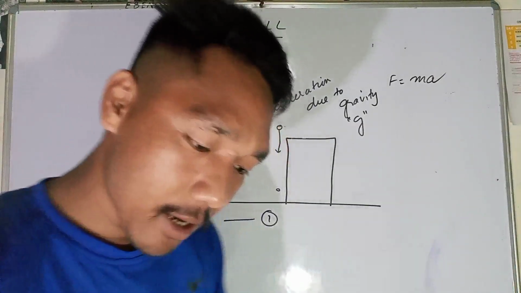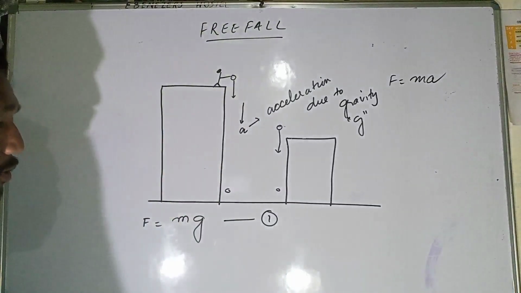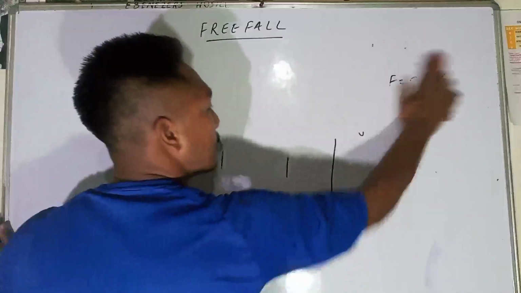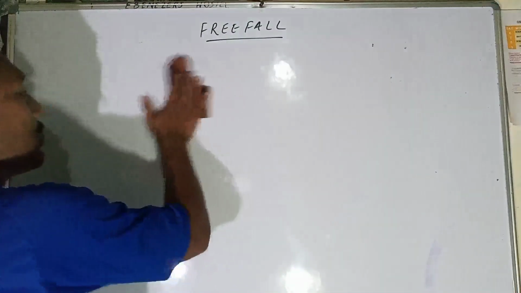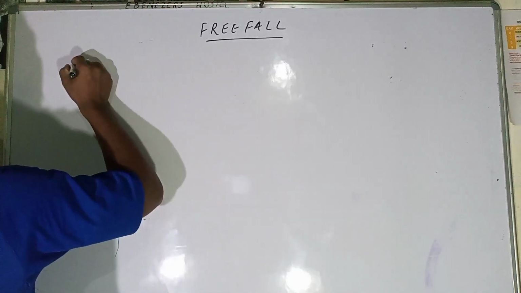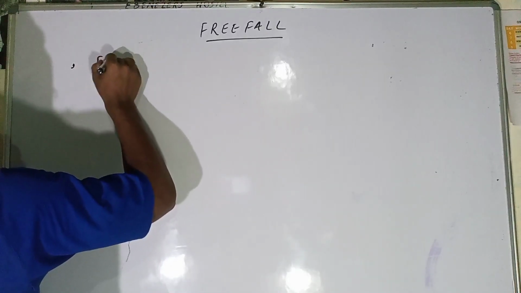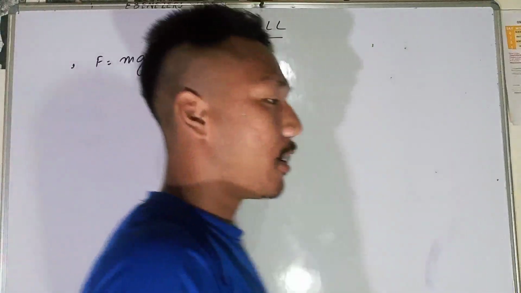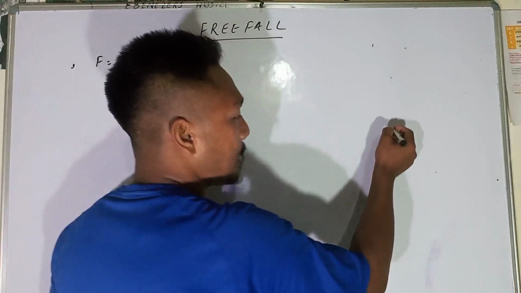Now you see, we have also learned the universal law of gravitation. Let's try to make it very clear. First, what we learned: force is equal to mass of an object into g. Now let's say this is our Earth.